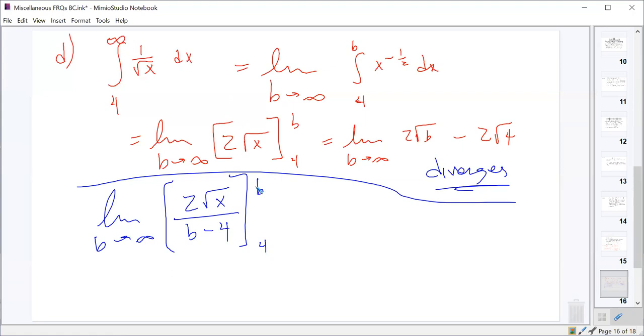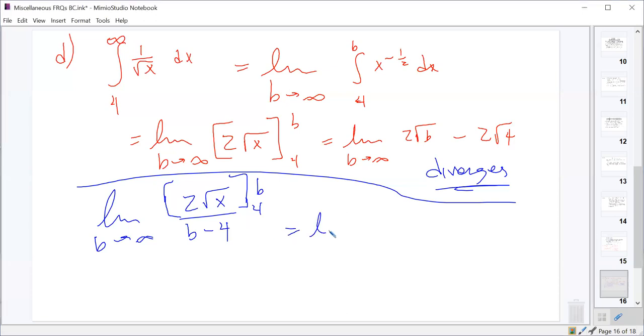So then all we need to do, well, sorry, I've written this poorly. The only part that we're evaluating from 4 to b is just that top part.